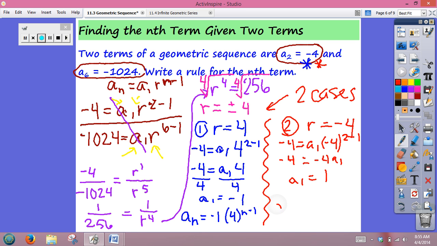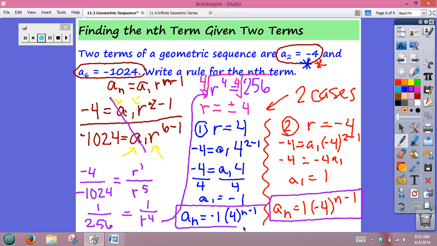So in our rule for our second case, we get that an equals 1 times a negative 4 to the n minus 1 power. Notice that if we substitute our values in, we will get the same answers. These are just two different cases for a rule for the same equation.